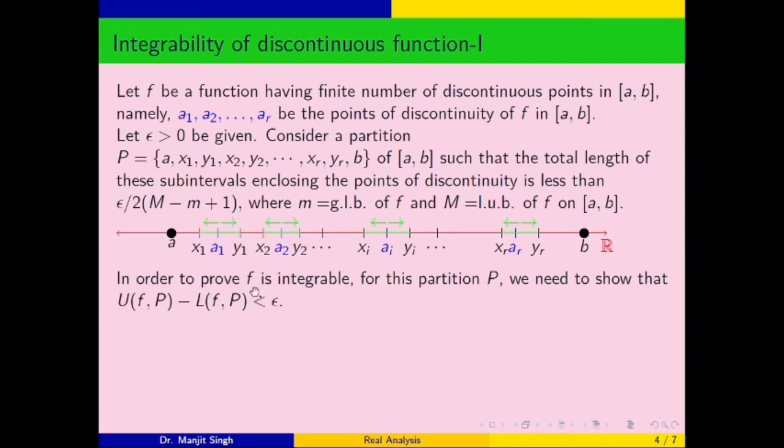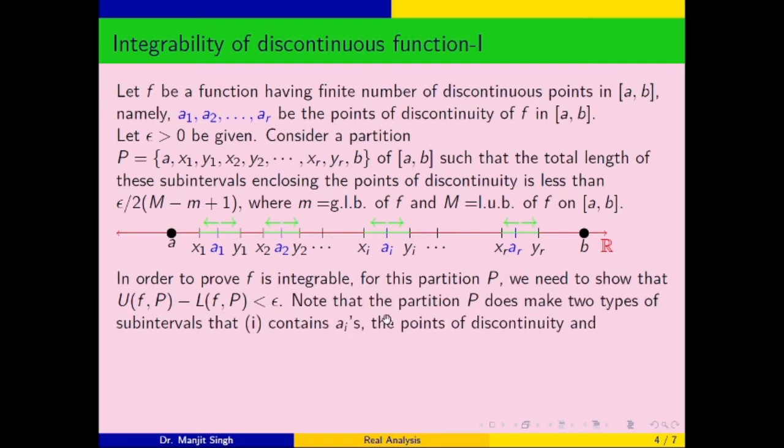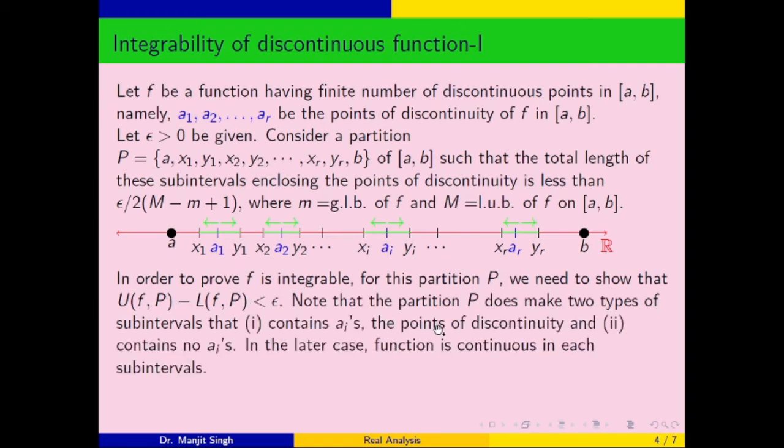In order to prove f is integrable for this partition P, we need to show that the difference of the upper sum and lower sum is less than epsilon. As we discussed, there are two types of subintervals.